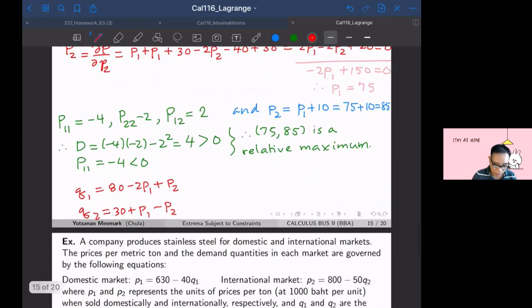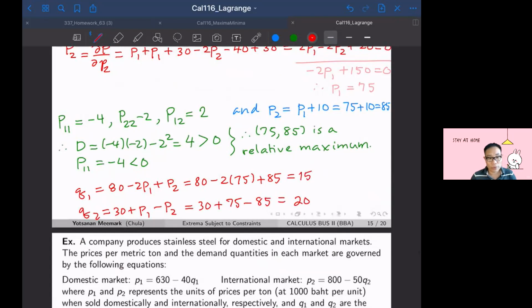So this will be just 80 minus 2 times 75 plus p2, which is 85. And you have 30 plus 75 minus 85. So it's going to be 20 and 15.